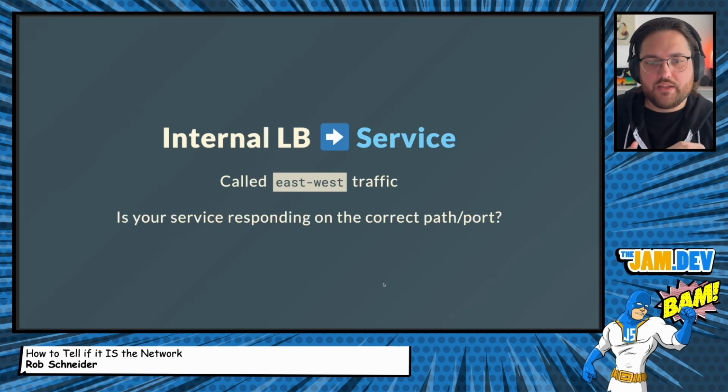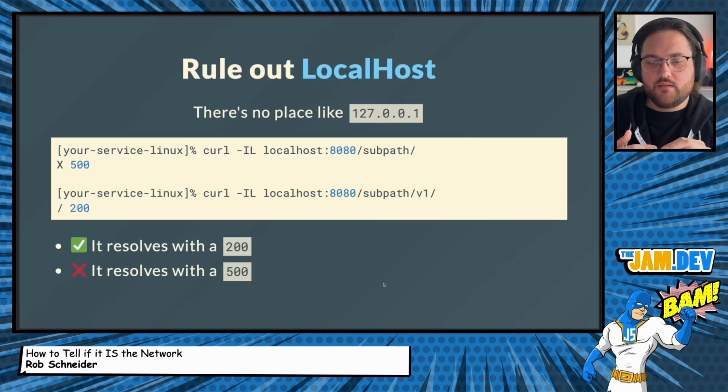So the best thing I can suggest is to hop onto the localhost of whatever your service is running on, so that could be Docker, or if it's a Linux box, and run the curl locally and get an idea of how the request wants to be structured. So you might have your application at a V1 somewhere that you weren't aware of. But if you can get a 200 here, it's easier for you to communicate out to the layers above what your application is expecting.